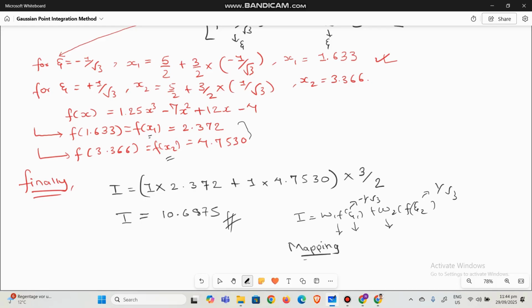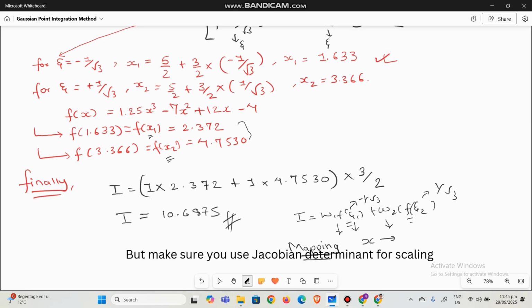The functional value is not going to change. I was also confused because here we say xi1, xi2, and then again we use the functional values, but it's the same, because we have the relationship between x and xi. Whether you use xi and calculate the functional value, or you convert the value of xi into x and then find fx, it is going to be the same. So do not get confused, it's the same thing.